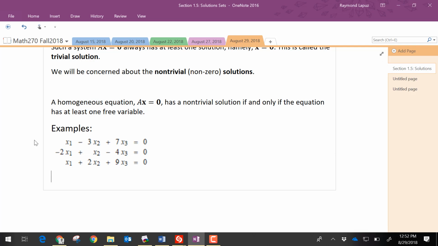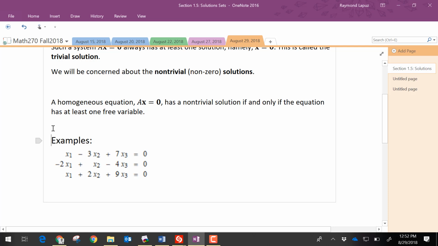So let's take a look at this example, and let's see if we can find any solutions or any non-trivial solutions. Now, remember that from the beginning, you already have one solution that would work for homogeneous systems, right? If x1 and x2 and x3 are all equal to 0, then this is going to work. So now, can we find another solution?